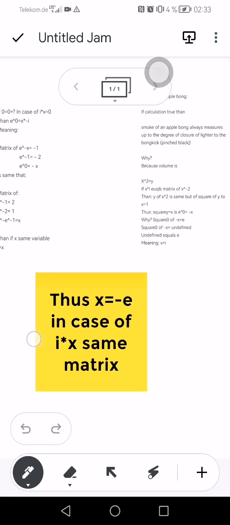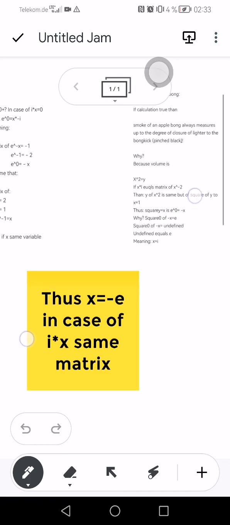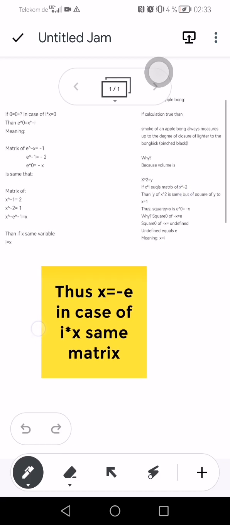Thus, square equals x is e square 0 equals minus x. Why? Because square of 0 of minus x equals e, square of 0 of minus x is undefined, and undefined equals e, meaning x equals I.